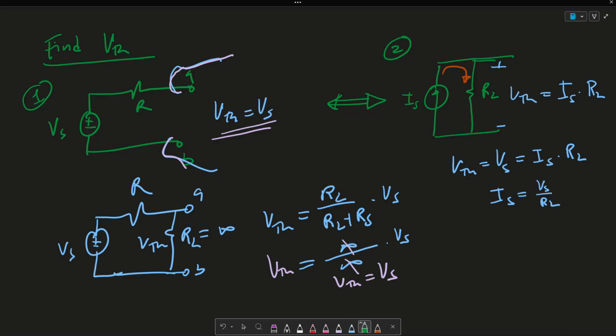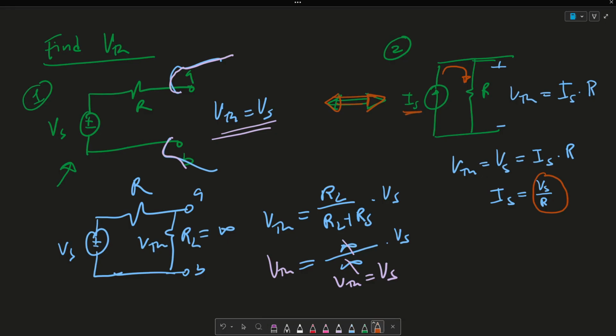So this means that if you give me circuit 1 located here, and I want to convert it to circuit 2 located here, I'm going to divide my VS by RL. Actually, this should just be R. I'm going to do VS divided by R, and put that R in parallel with IS.